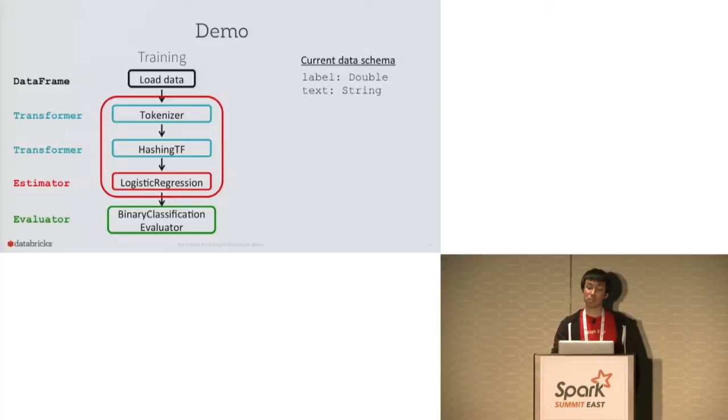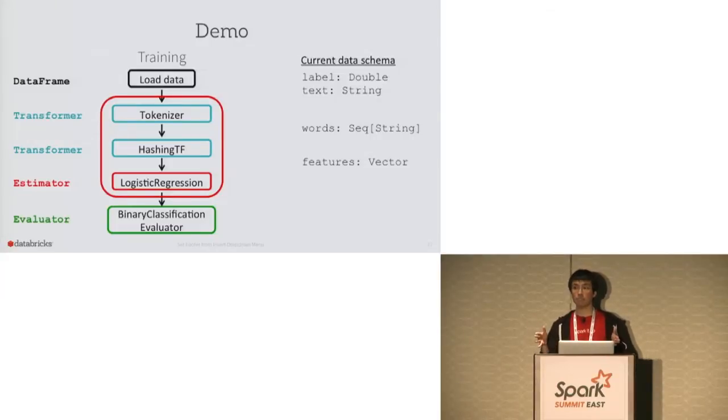What the tokenizer will do is take that text, which is the full article, and break it into a sequence of words. Hashing TF is a special featurizer which takes that sequence of words and hashes it into a fixed length feature vector. Numerical, easy for logistic regression to understand. And our final step, the training, is going to produce a model which can create predictions. So you can see how the set of data available to inspect grows as data flows through this pipeline.